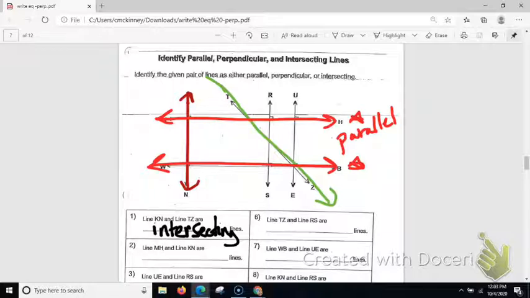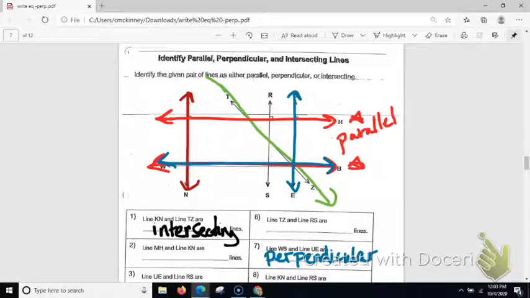An example of perpendicular on this drawing would be WB and UE. So WB and UE are perpendicular. Here's UE, here's WB, and notice they intersect, they cross, but they cross in a nice special way.